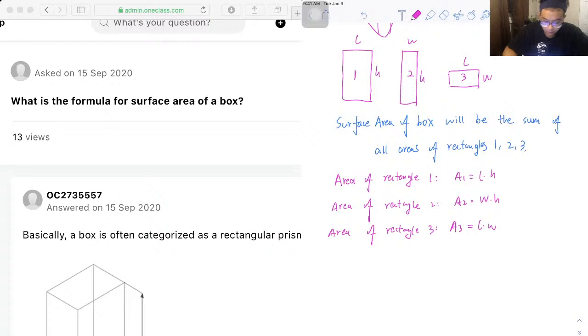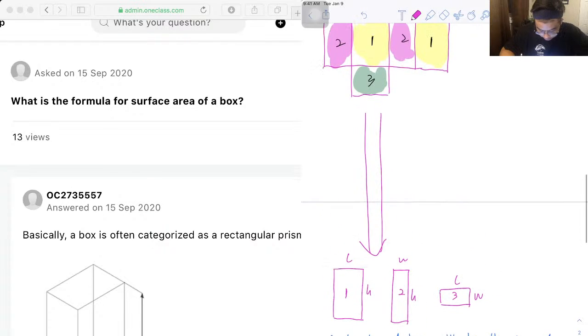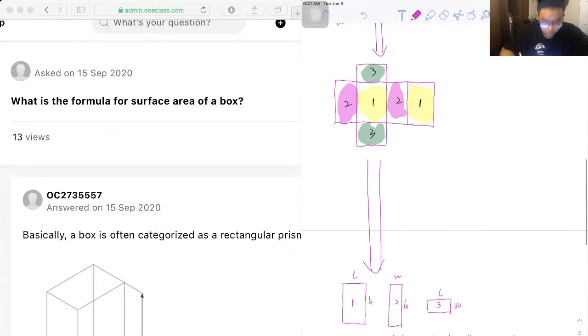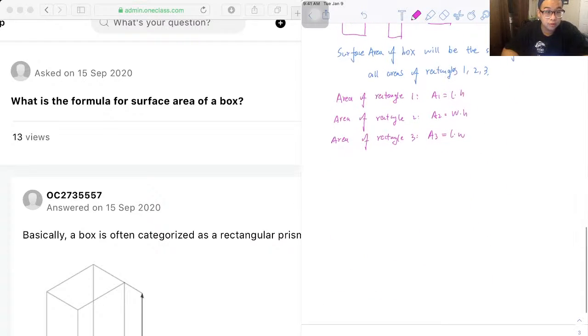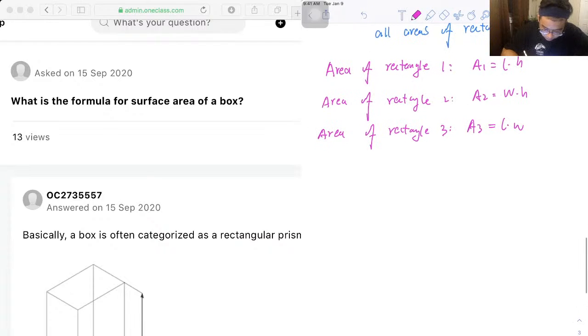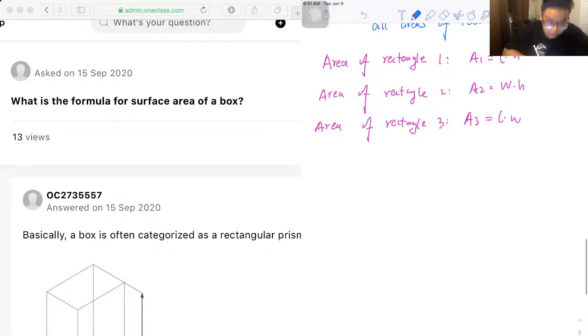Right. And remember that because we have two pieces of rectangle 1 and 2 pieces of rectangle 2 and 2 pieces of rectangle 3. So let's write that down first.